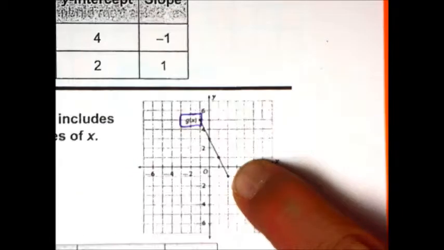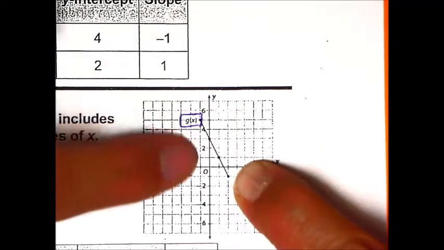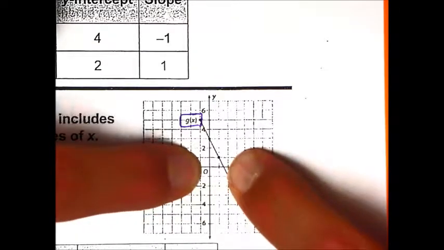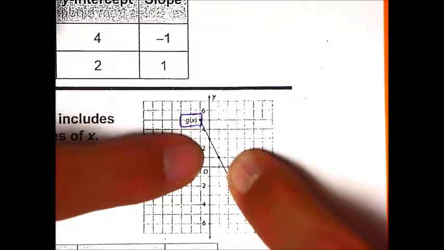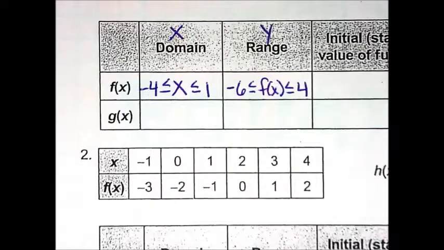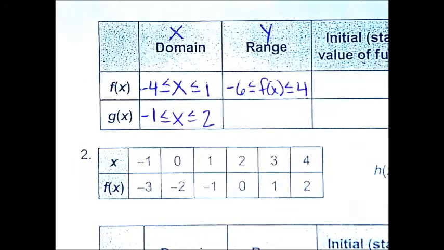There you go. On the x-axis, do you see how that x-coordinate would be -1? And this x-coordinate would be 2. This line stretches from -1 to 2 on the x-axis. So I'm going to fill that in. My x goes from -1 to 2.